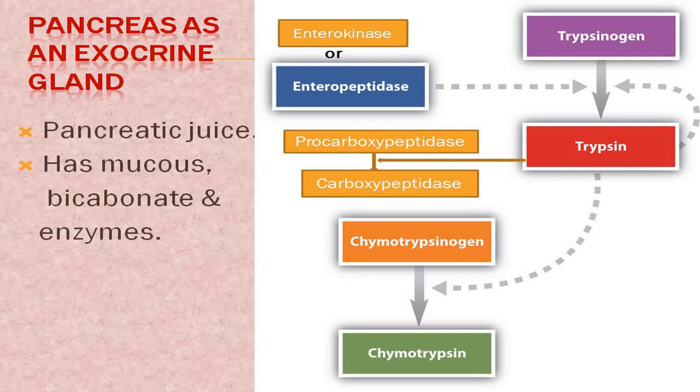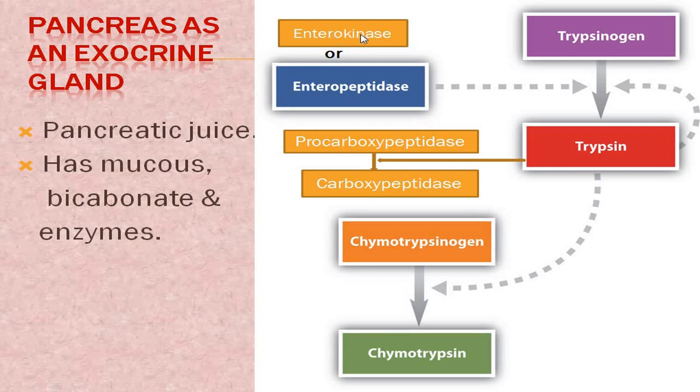Most of the enzymes are for the digestion of proteins, that is trypsinogen, procarboxypeptidase, and chymotrypsinogen. All these enzymes are secreted in inactive form, and they are converted into their active form so that they can digest proteins.